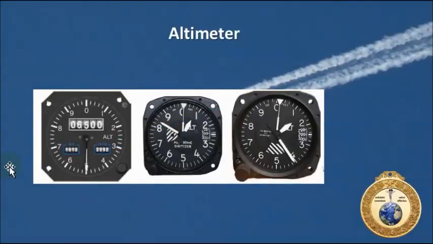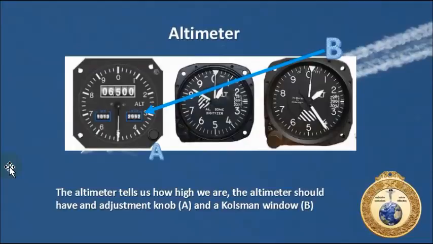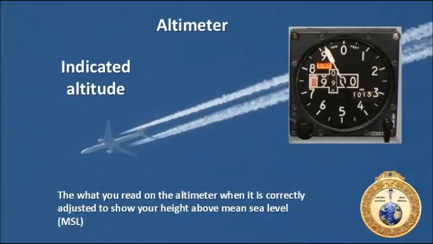A couple things I want to talk about with the altimeter. The Kollsman window: we adjust our barometric pressure in the Kollsman window with a knob here. We talked about that, but we didn't talk about altitude, so we have to talk about indicated altitude.